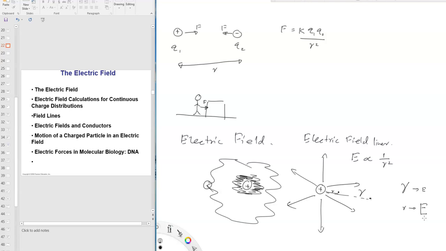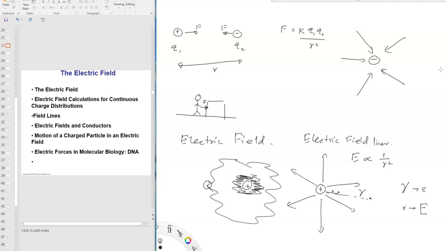Now, we represent electric field using these arrows. For a positive charge, the electric field extends outwards, so these arrows are pointing outwards. For a negative charge, let's say an electron, the electric field is coming into the charge, so we draw the field lines pointing inwards. The rest is the same. The closer you get to the charge, the stronger the field.